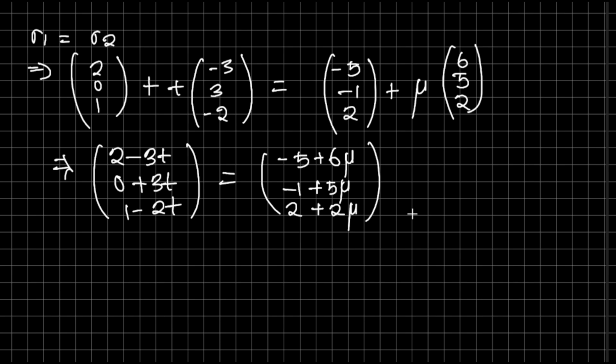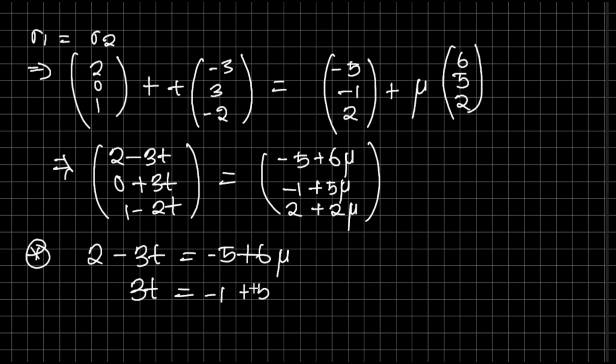If we equate the corresponding parameters, we have 2 - 3t equals -5 + 6mu, and 3t equals -1 + 5mu, and 1 - 2t equals 2 + 2mu.